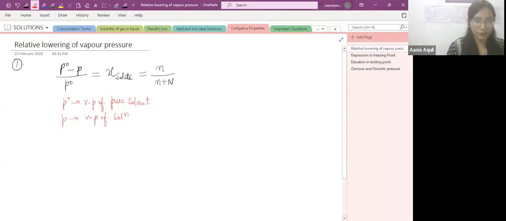X of solute is the mole fraction of solute. Small n here is the number of moles of solute, and capital N here is the number of moles of solvent.